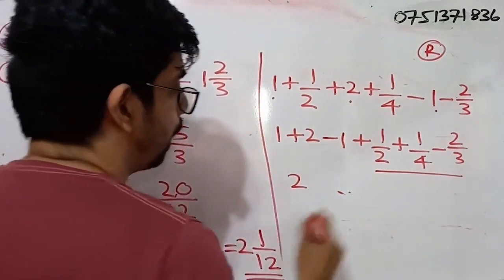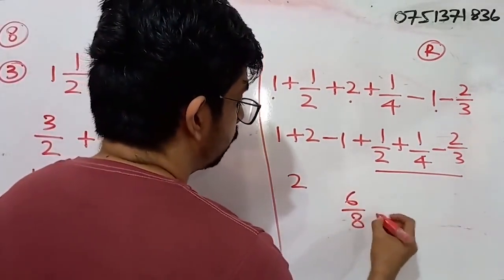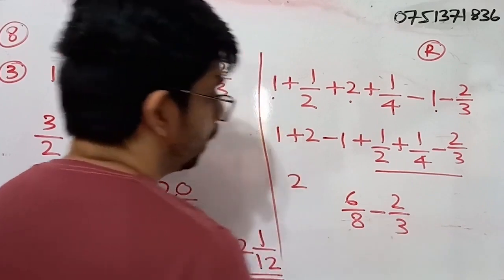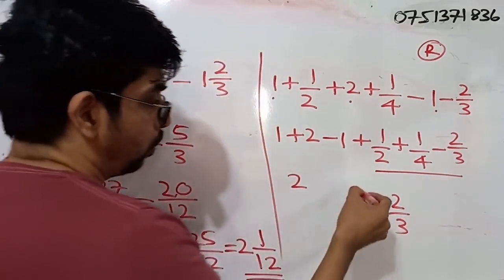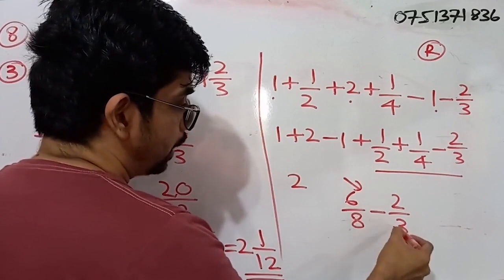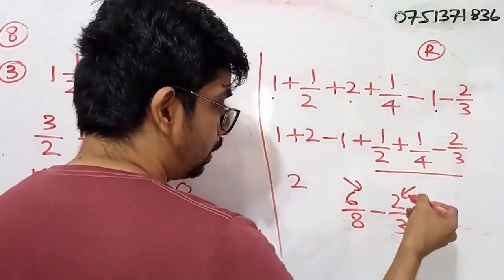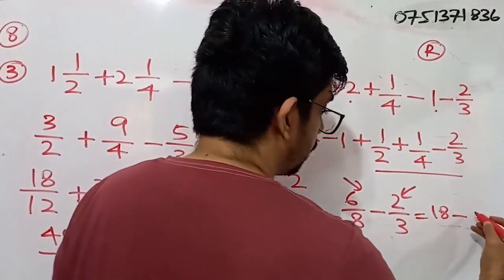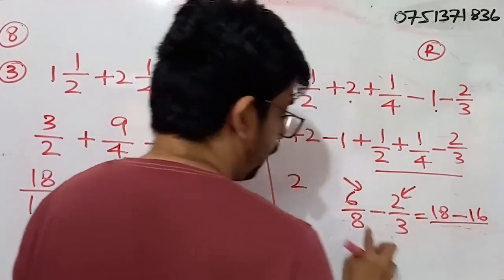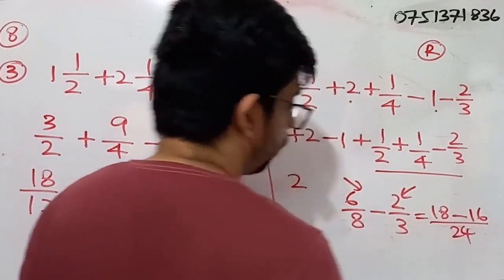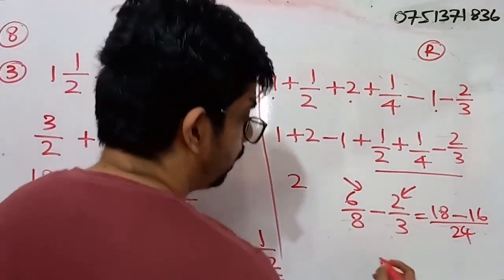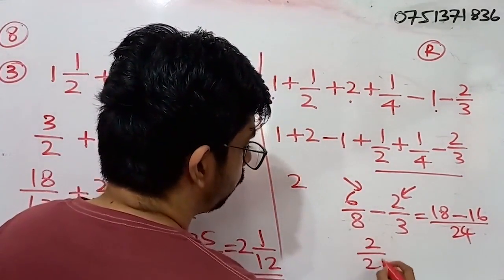Now from that we have to subtract what? 6 by 8. From that we have to subtract 2 by 3. Now cross multiply in this direction. 6 times 3, that is 18. Cross multiply in this direction. 2 times 8, that is what? 16. Then 8 times 3, that is 24. So what will be the outcome here? 2 by 24.